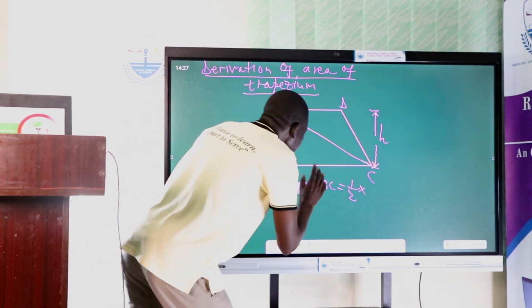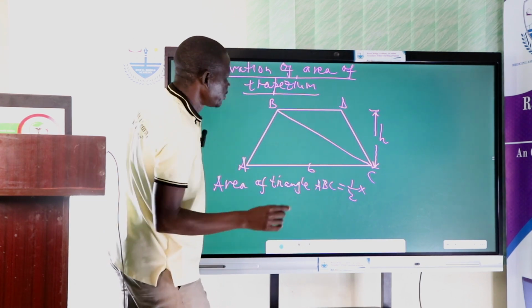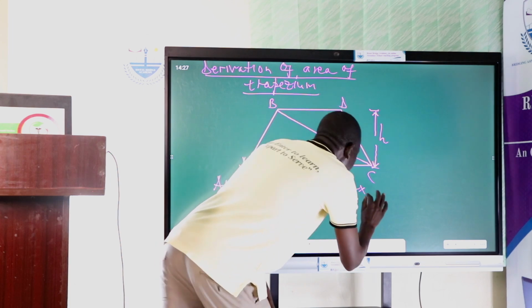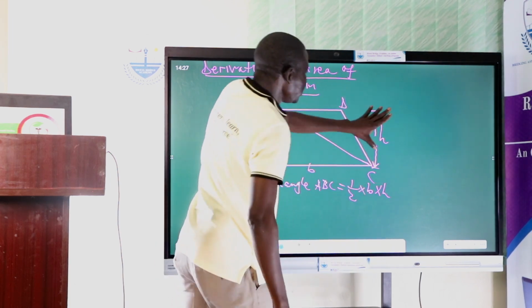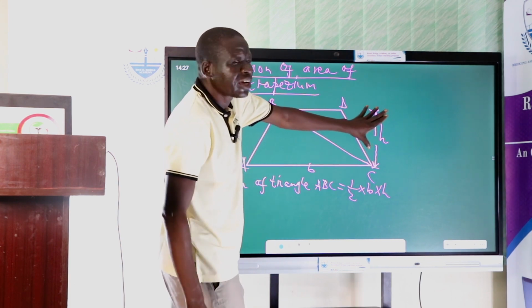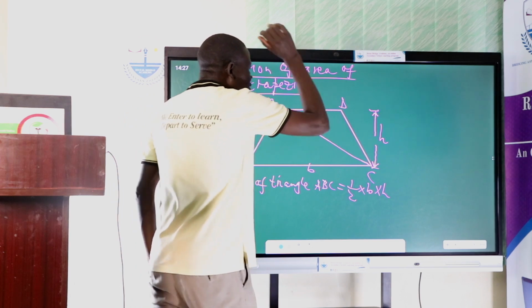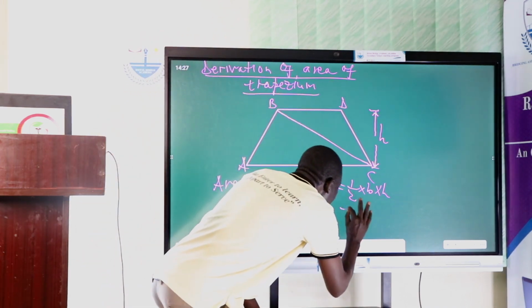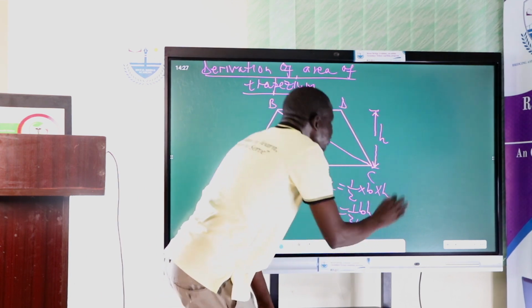Our base here, I can call it b, if this is the base, small b, then times the height, h. All of them are sharing the same height. This is the base, but this is the height of the whole trapezium. So this gives us a half b h.